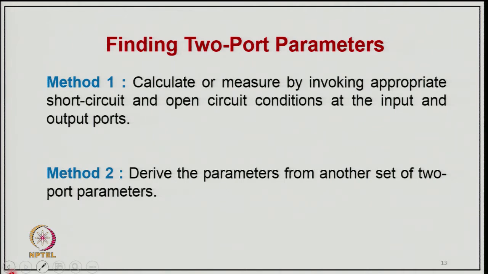And the second method is to derive the parameters from another set of 2 port parameters. So, it may happen that you know the parameters for one set, then you can correlate them in terms of another set of parameters. So, these are the 2 methods to find the 6 sets of parameters of your 2 port network.